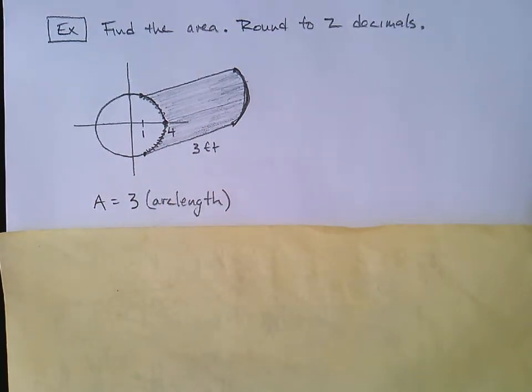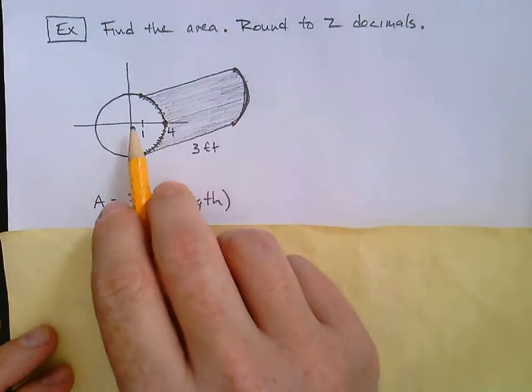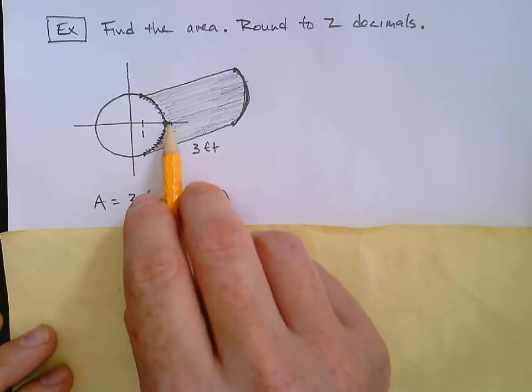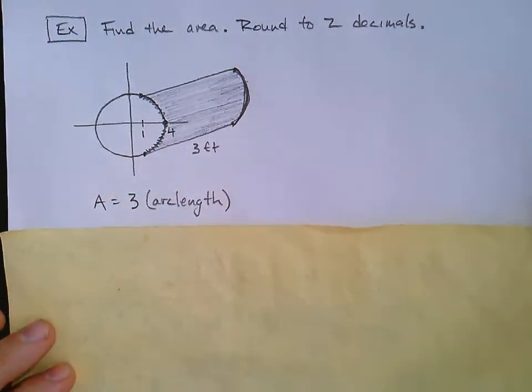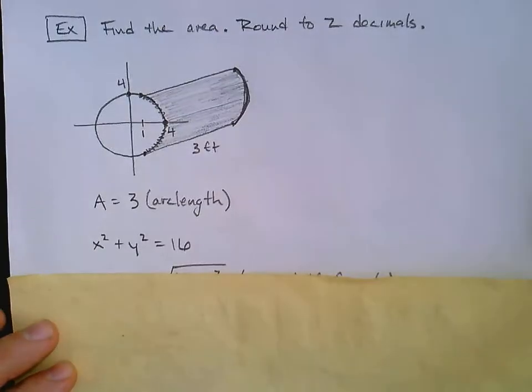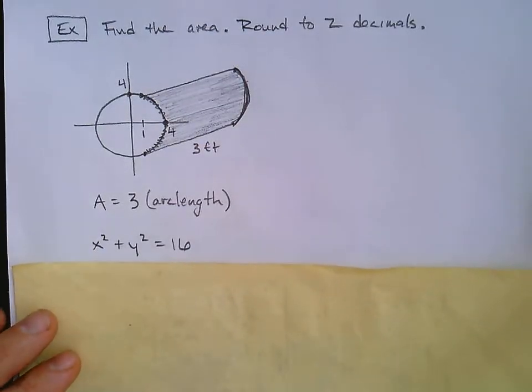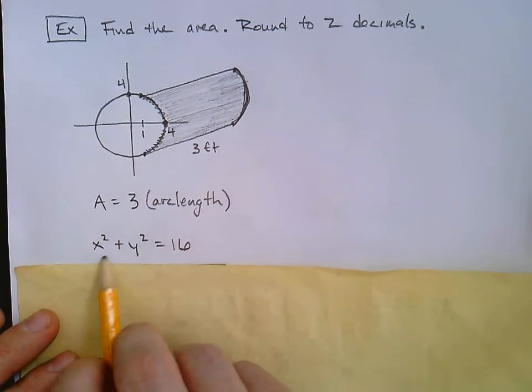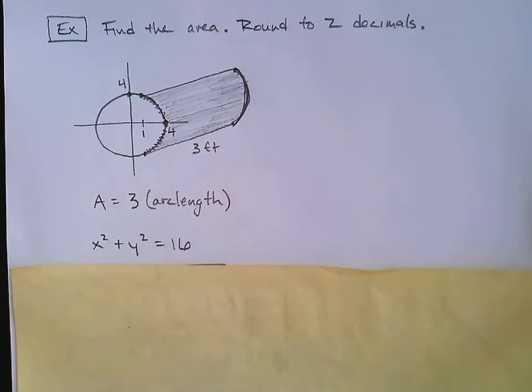If you remember the equation of a circle, this one is centered at the origin. It's got a radius of 4. This is 4 as well. It's 4 all the way around. So the equation of that circle would be x squared plus y squared equals 16.